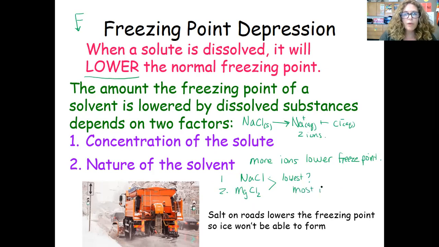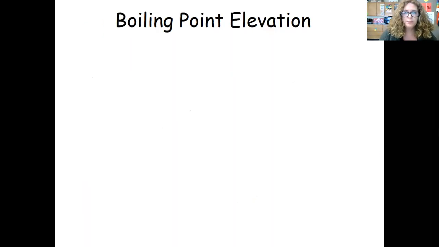Which one has the most ions? Well, sodium chloride has two ions, sodium and chlorine. Magnesium chloride has one magnesium and two chlorines, so this has three ions. And so magnesium chloride would have the lowest freezing point when added to water. It would lower the freezing point of water more than sodium chloride because it has more ions.